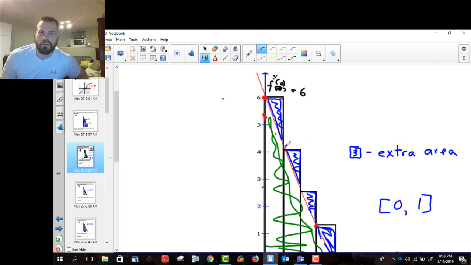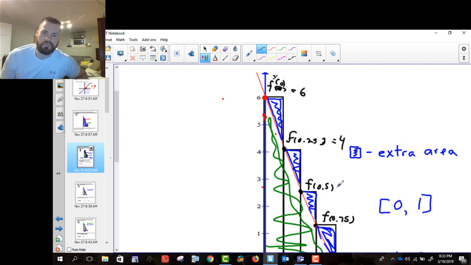Then this guy is f of 0.25. This guy is f of 0.5. And this guy is f of 0.75. The heights are the function defined at that point. And so for f of 0.25, we don't know what this function is, but we can read it off the graph that it's 4.